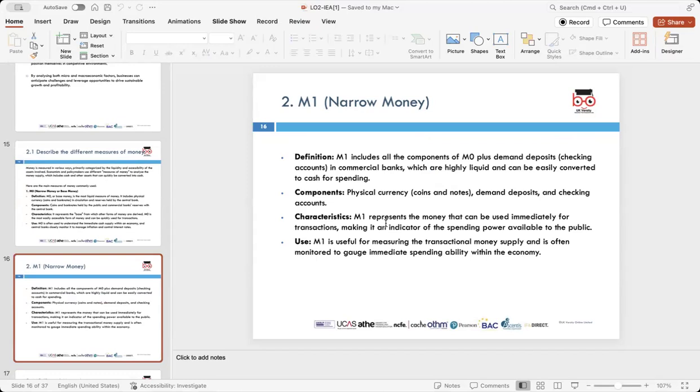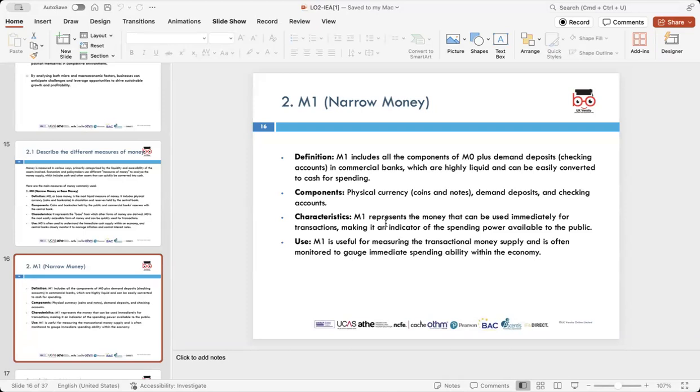In commercial banks, demand deposits allow individuals and businesses to access their funds immediately through debit cards, online transfers, and ATM withdrawals. Since M1 represents money that is ready for spending, it serves as an important indicator of consumer purchasing power and economic activity.